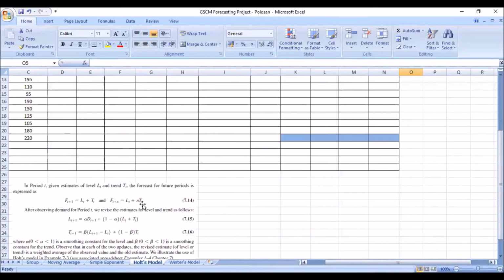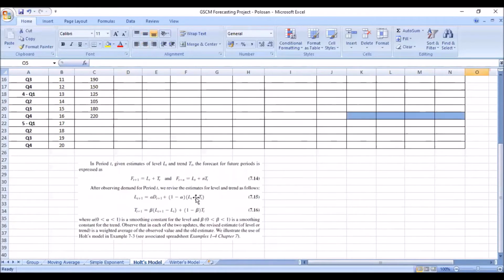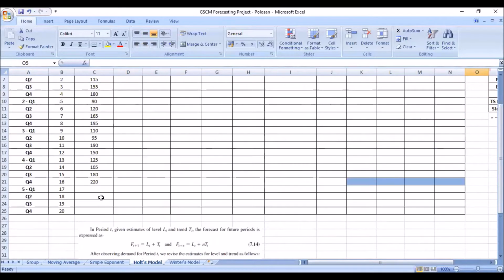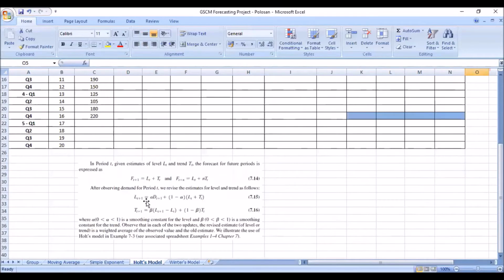And for the Holt model, it's quite complicated because Holt is affected by trend, whereas simple exponential and moving average aren't affected by trend. Here comes the difference: we're gonna find the level based on the initial level and the trend, which we find using regression. The formula is L(t+1) equals alpha multiplied by D(t+1) plus 1 minus alpha multiplied by the initial level plus T, which is the initial trend.